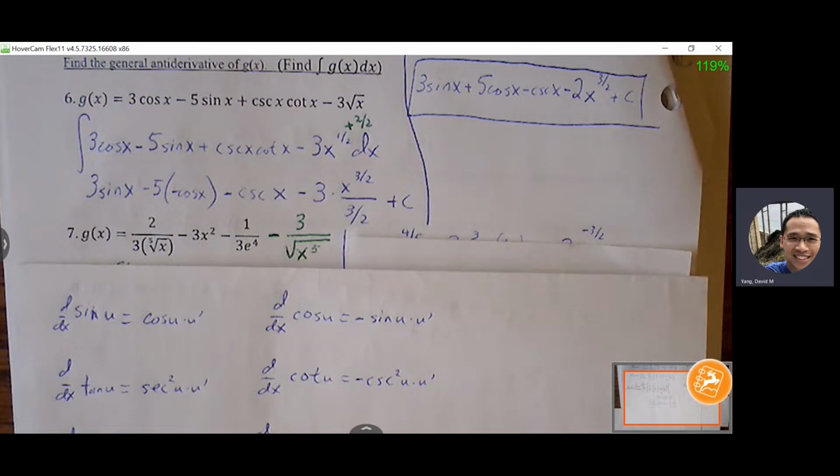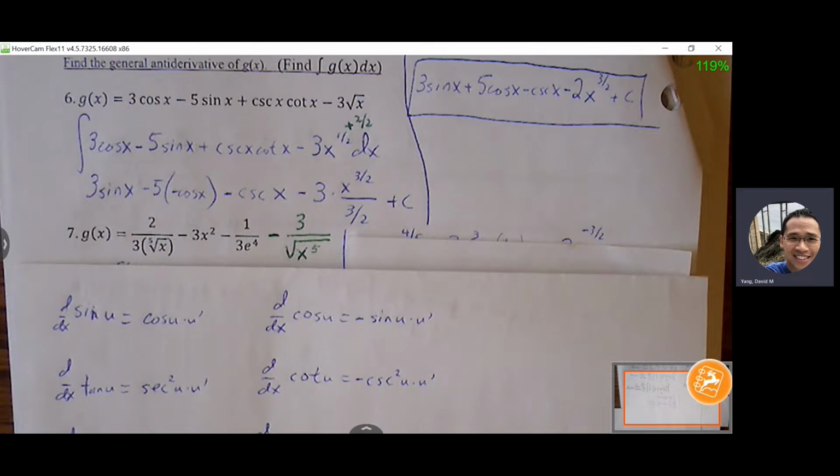Okay, number 7, make sure that you're spending the time to clean each term up. Now, that 3rd term looks a little strange, right? What is this?